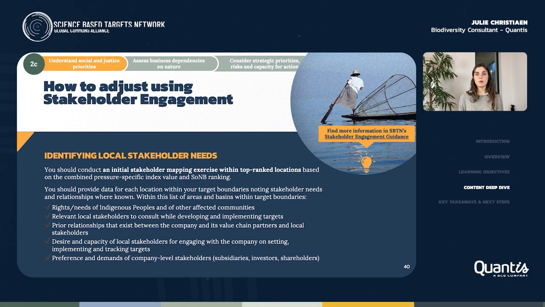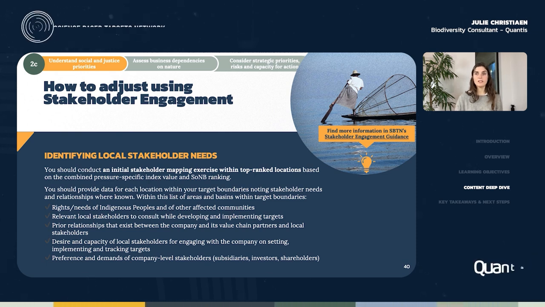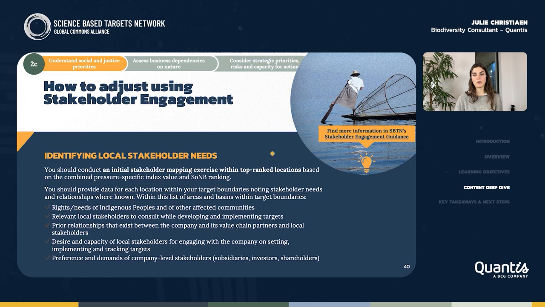If applying this approach, companies will need to provide the information that is required in the stakeholder engagement guidance. That will mean providing data for each location on stakeholder needs and relationships when known.